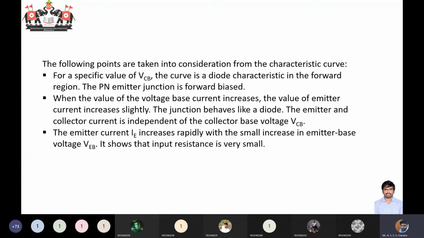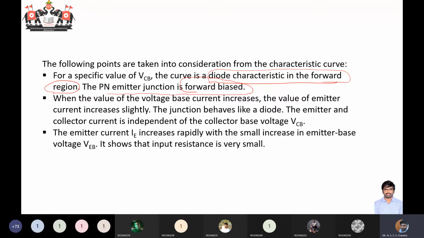Before proceeding, we shall see some important points from the characteristic graph. As I told you earlier, your curve is very similar to a diode characteristic in the forward region. Here the emitter base junction is forward biased.